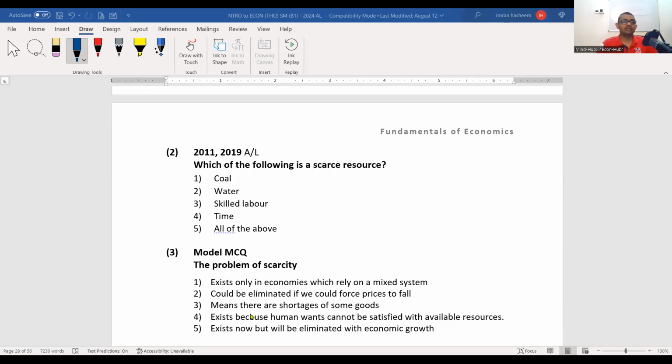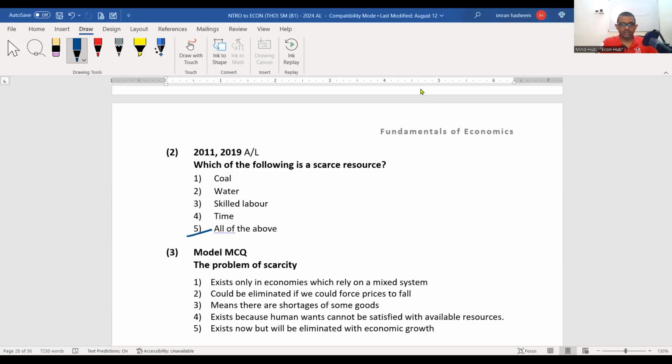They are unlimited. Can that be true? Get it? So they are limited. Water resources are, time is obviously a limited resource. No? Time is the most limited resource of them all. So the correct response would be, I think you guys are now clear on this, number 5, all of the above.